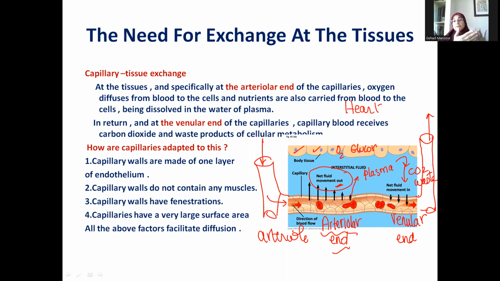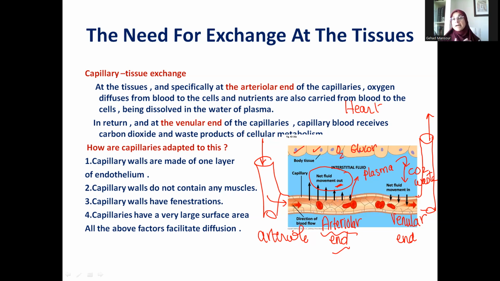So these have to leave the cells, otherwise their accumulation would be toxic to the cell. They leave the cells, they find themselves again in the plasma, and the plasma returns to the blood at the venular end, carrying carbon dioxide and waste. That's why we call it deoxygenated blood. And that's why the venules will carry this deoxygenated blood back to the heart and then to the lungs.